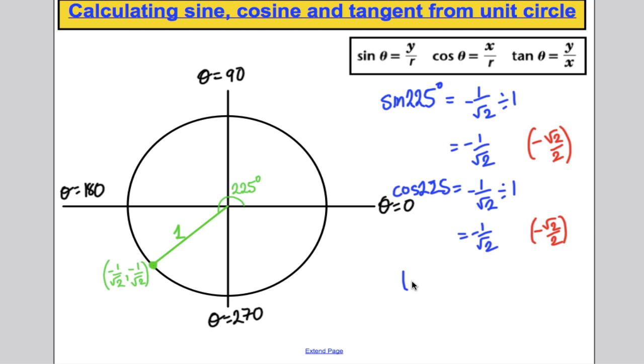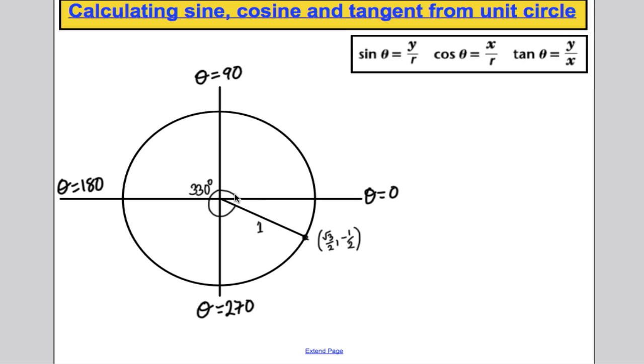And tan of 225 would be equal to the y number divided by the x number, which would be negative 1 over root 2 divided by negative 1 over root 2, which would be 1. And you could check those on your calculator, and indeed you would find that these particular sine, cosine and tangent values are equal to what we have used from the unit circle.